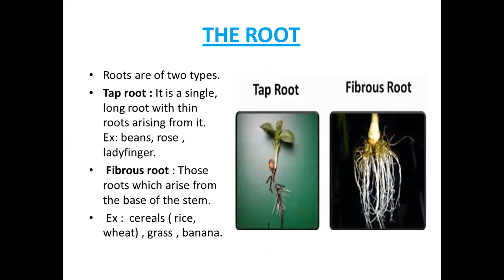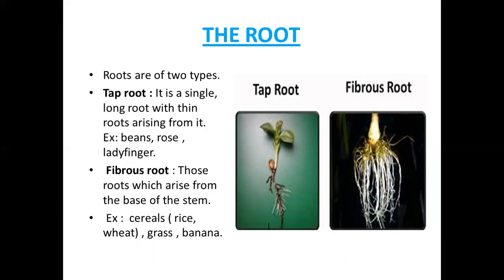And these roots are of two types mainly. First type is taproot and second type is fibrous root. See, if you observe the picture carefully, we can get the difference between taproot and fibrous root. See the taproot. Taproot is a single long root.